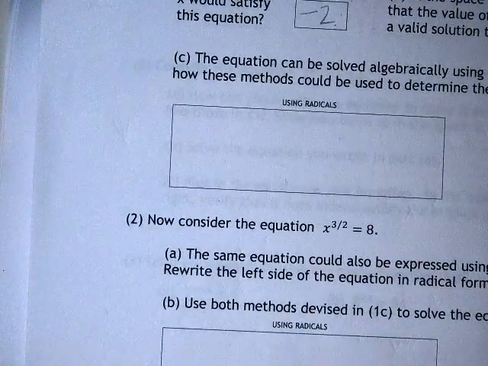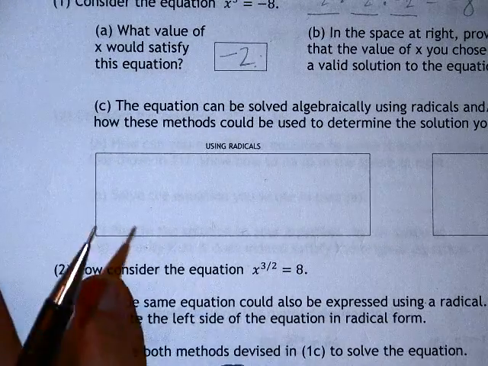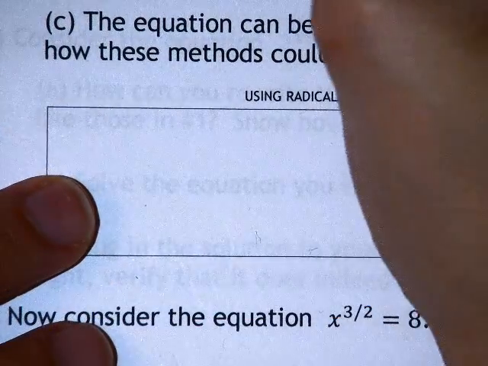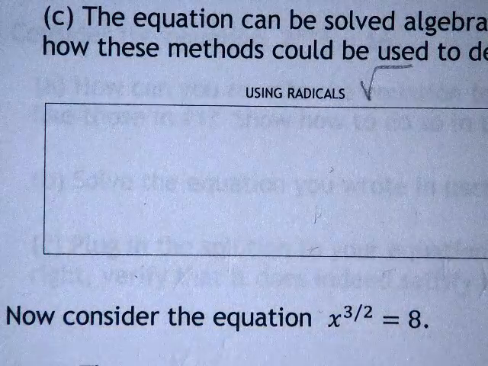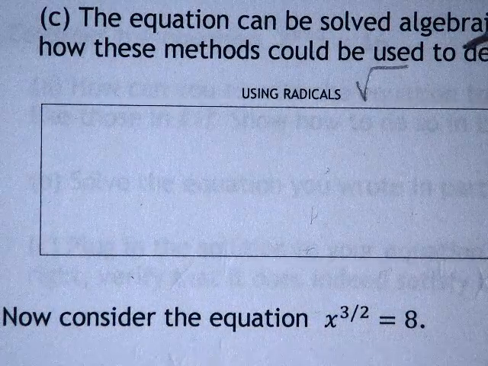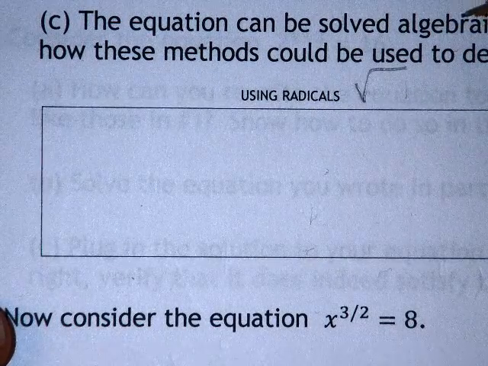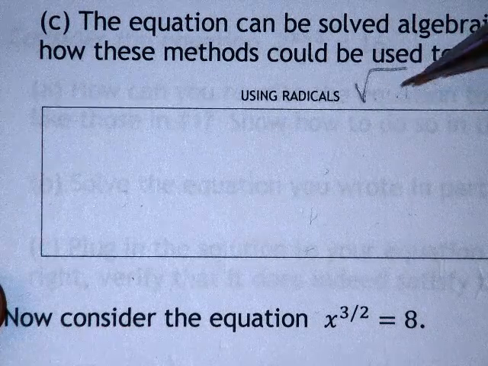Now, the method that I'll talk about in this video is called using radicals. So what I want to do is just make sure that I first understand what the word radical means. The radical is really what we've been calling a root for all these years. And you'll remember from the previous lesson, I'm not calling them square roots anymore because we know now not every root is a square root. A square root is really only if you have a multiplication twice.